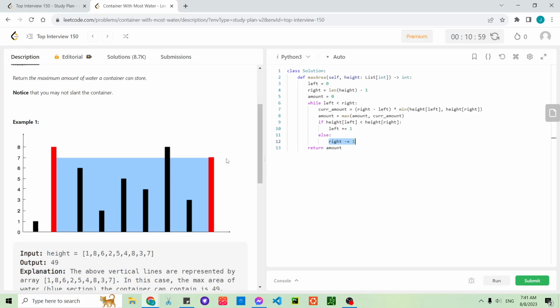So if there are two that are higher, say this one is higher and this one is higher, then no matter where we start, we will end up at these two higher ones because we are always moving the shorter pointers.